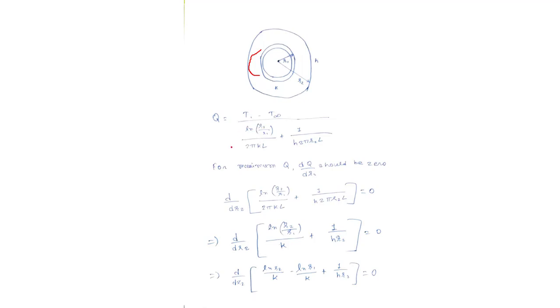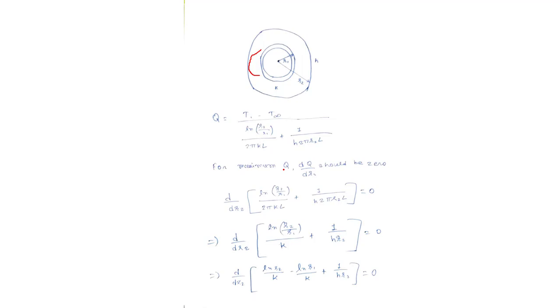Our heat transfer equation is Q equals T1 minus T infinity upon resistance, and the resistance we know is ln(R2 upon R1) upon 2 pi K L plus 1 upon h 2 pi R2 L.